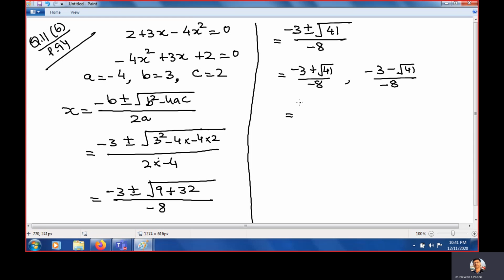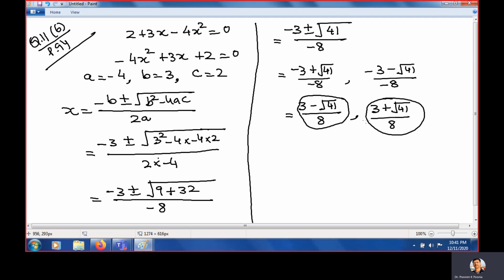If you multiply by minus, it is 3 minus square root 41 upon 8. And here if you multiply by minus, it is 3 plus square root 41 upon 8. This is the first root and this is the second root. Clear? These roots we cannot get with the help of factorization. That's why we are applying this technique.